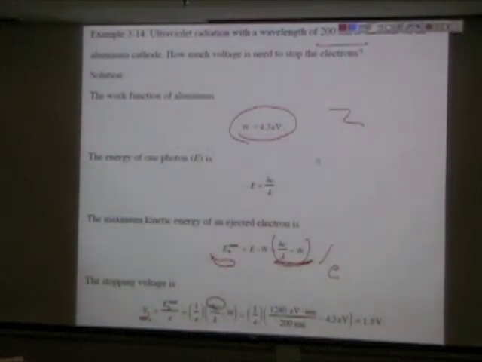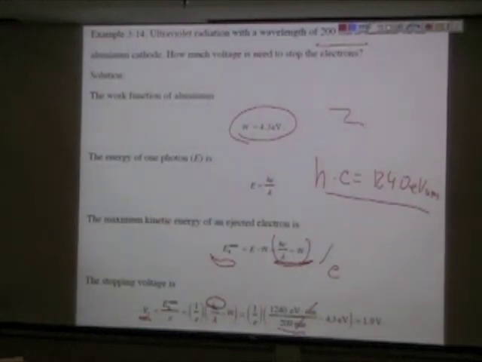And this combination, Planck's constant times speed of light, has a convenient value if you use convenient units: 1240 electron volts times nanometer. So that makes our life easier because instead of converting nanometers into meters, we can use just nanometers. They cancel each other out.